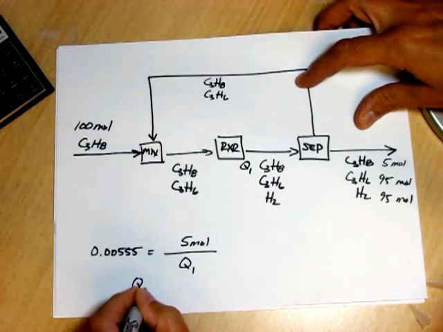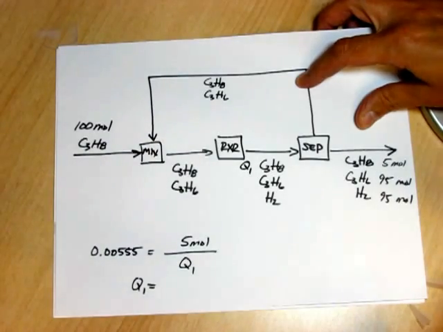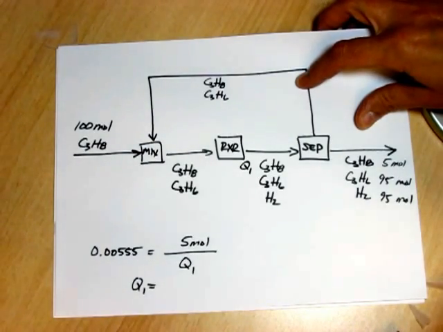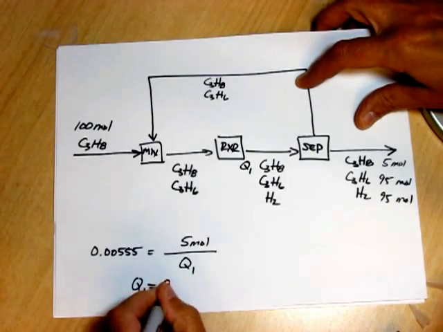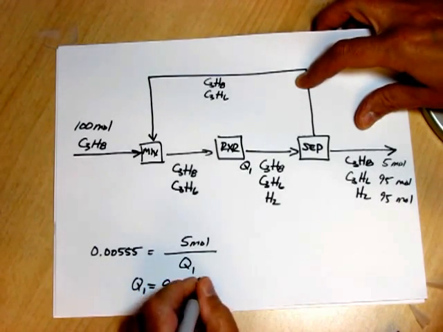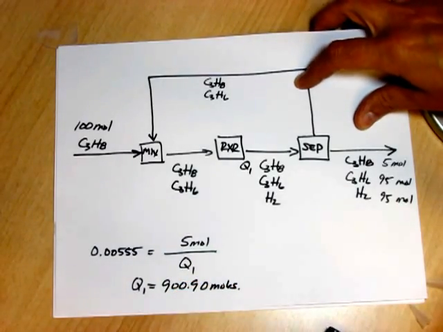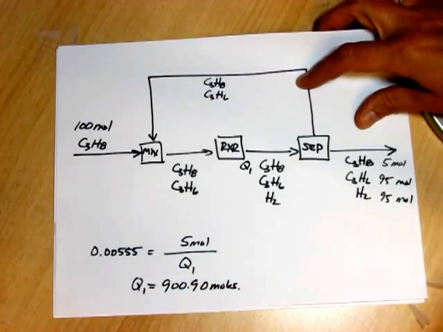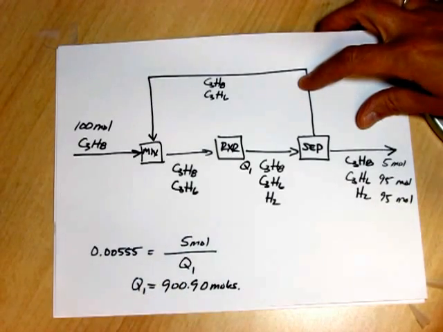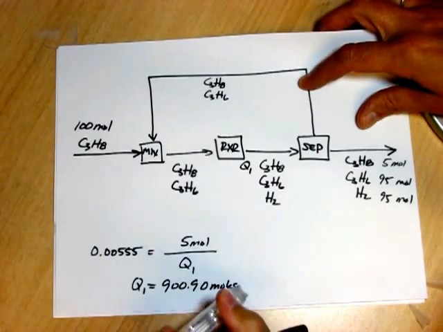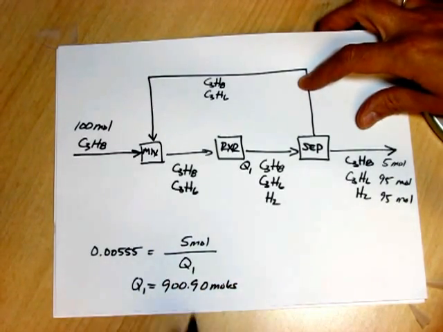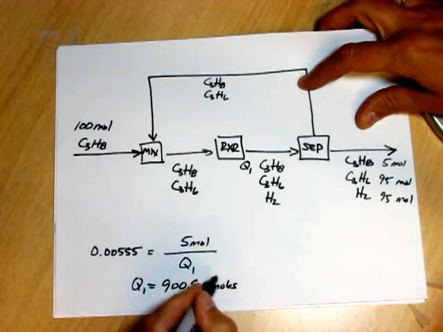And we can solve for Q1. And we get 900.9 moles. However many significant figures we may have in this calculation, we'll wait to the end to truncate. For now, we'll carry extra digits so that we have complete accuracy.